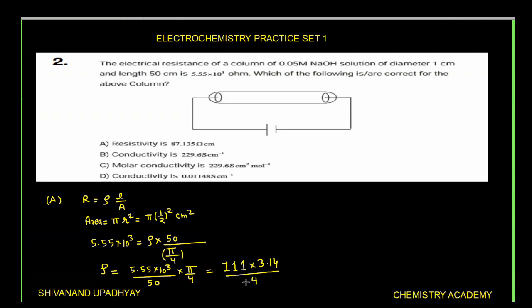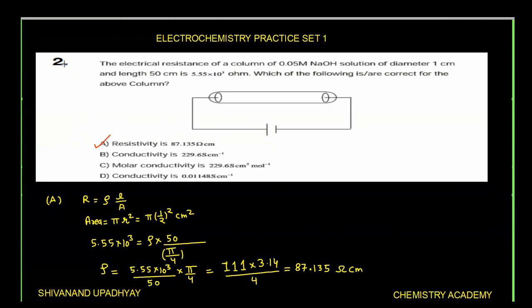If I further simplify, I'm getting that this resistivity is exactly equal to 87.135. For more accuracy, in place of 3.14, I can write 22 by 7 and then simplify. So this value is 87.135 ohm centimeter. So the first option is correct.